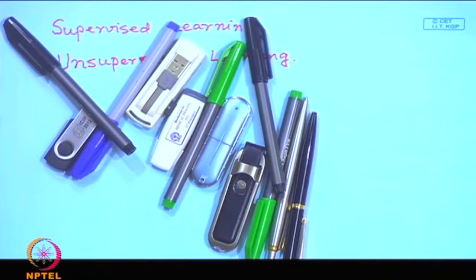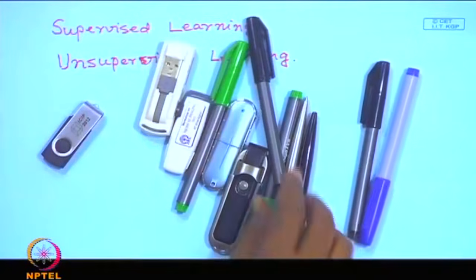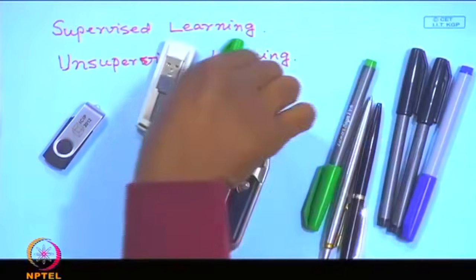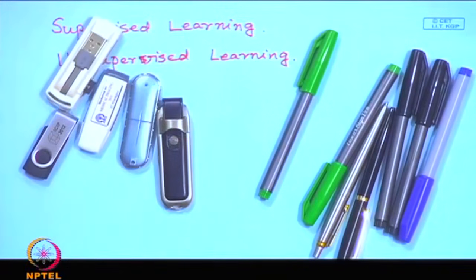So, what I will do is try to find the objects which are similar and put them into one group, and objects which are not similar to the objects belonging to that group will be put in other groups. So, over here I will simply put these objects into one group because they appear to be similar, and I will put these objects into another group because they appear to be similar.